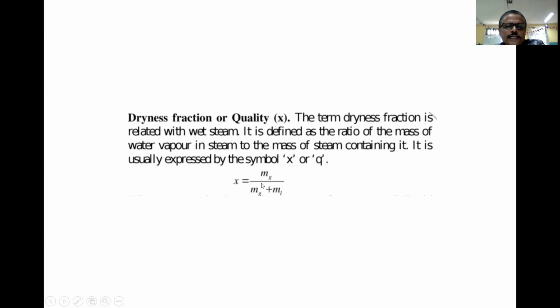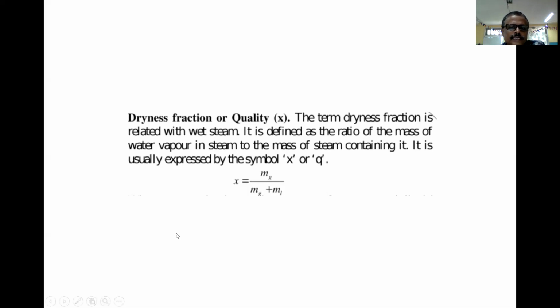So dryness fraction is the ratio of the mass of dry steam to the total mass of steam. Total mass of steam means it has the weight of dry steam plus the weight of water particles. It is usually expressed by the symbol X.